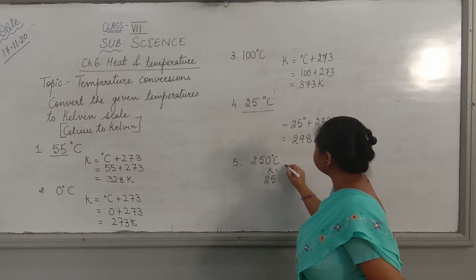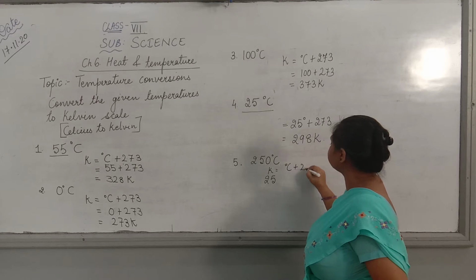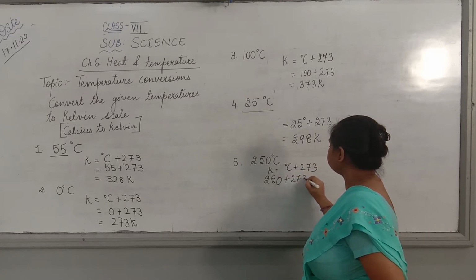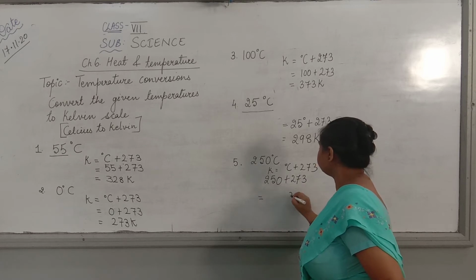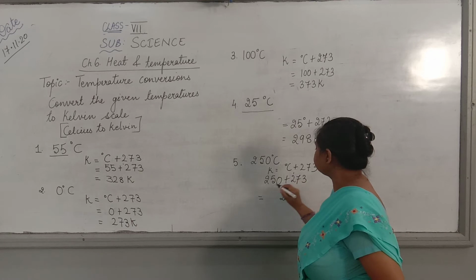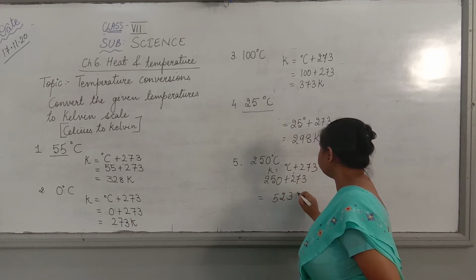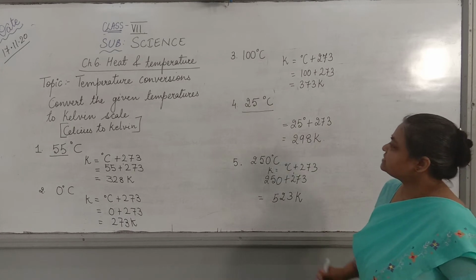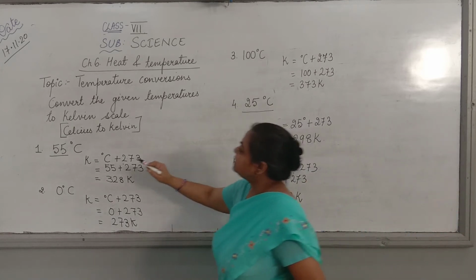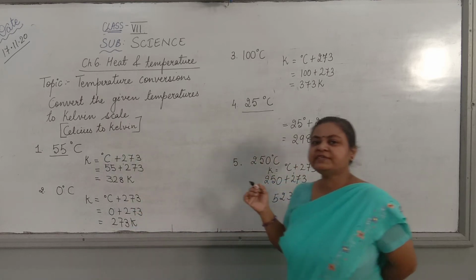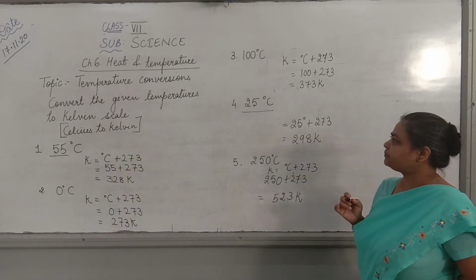That is K is equal to degree Celsius plus 273. So 250 plus 273 gives you here 3, 5 and 7, 12 and carry 1, 3 and 2, 5. 523 Kelvin. So this is how we can convert degree Celsius into Kelvin by adding 273 to it.